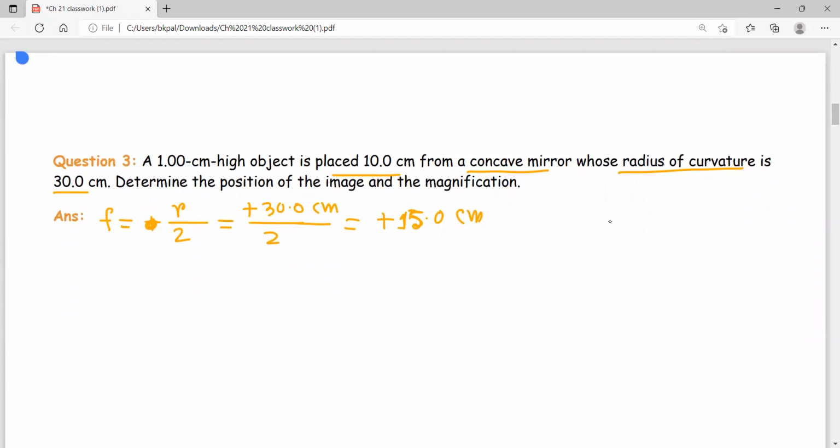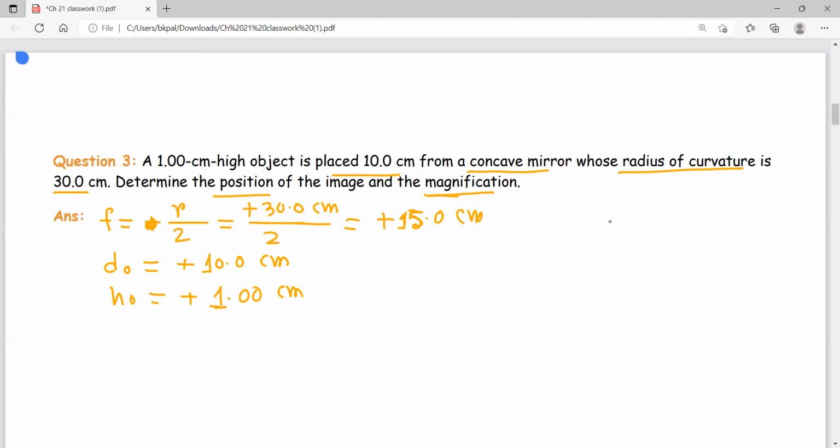The object distance is also given. The object distance is plus 10 centimeter, and HO in this case is again plus 1 centimeter. So we have to determine the position and the magnification.